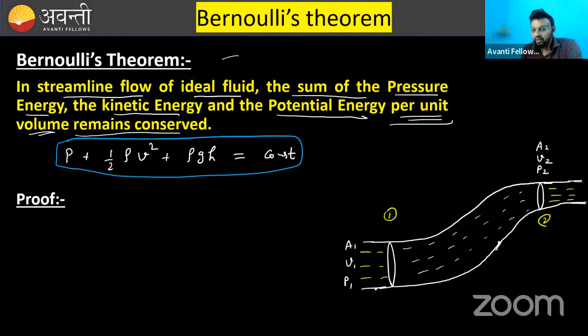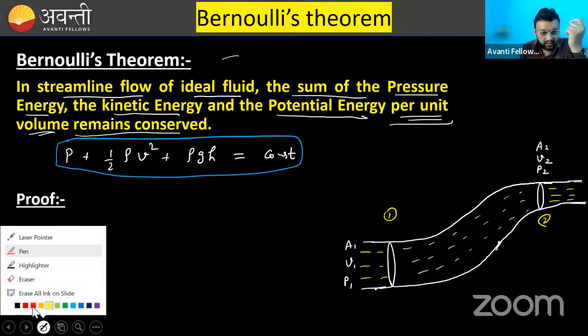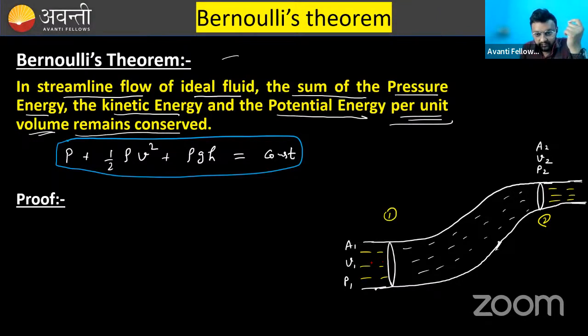At end 1, the pressure is P1 by the fluid at the left of it. And the pressure P2 is at end 2 by the fluid at the right of it. Clear? So these pressures will exert a force. I will say F1 and F2.